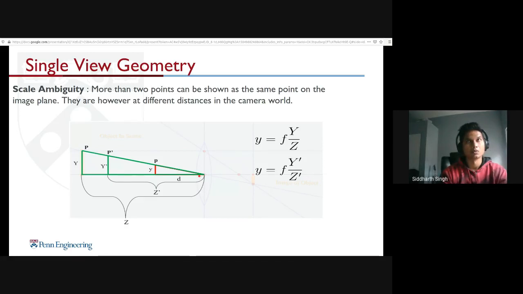Triangle similarity, yeah. By similarity of triangles, both of these equations hold, right? So for a given image of height y, I don't really know if the object is of height y dash lying at z dash, or an object of height y lying at a distance of z.